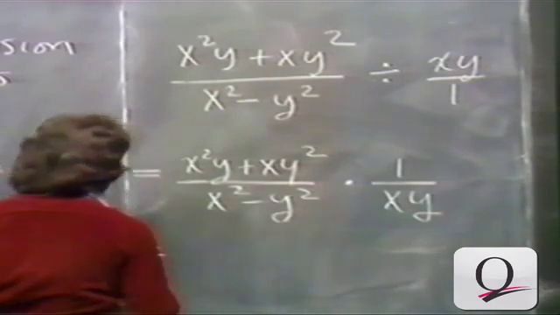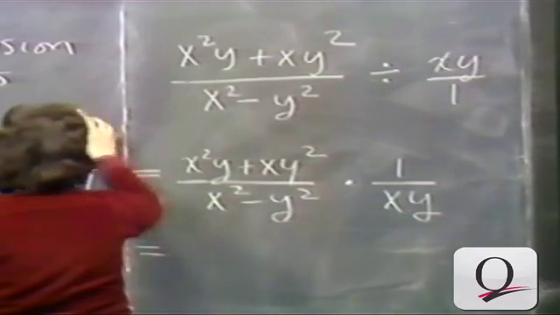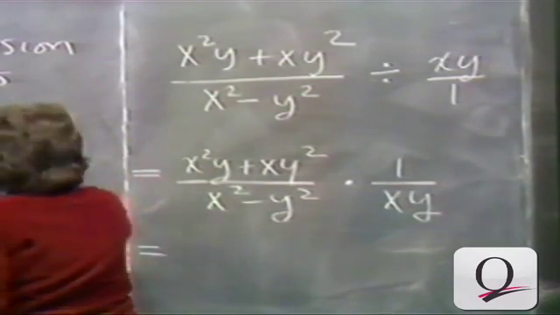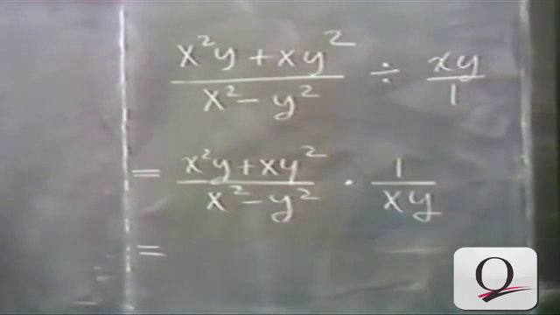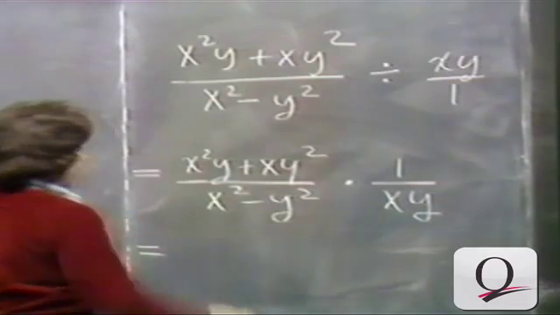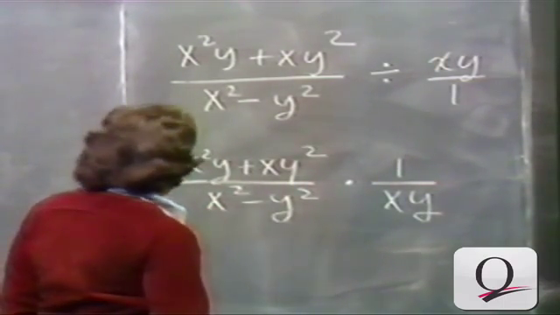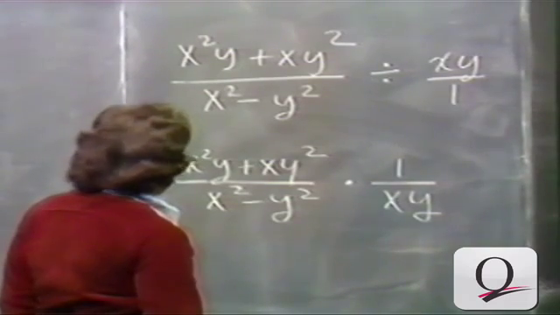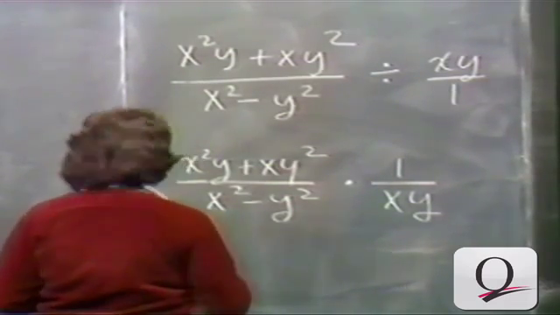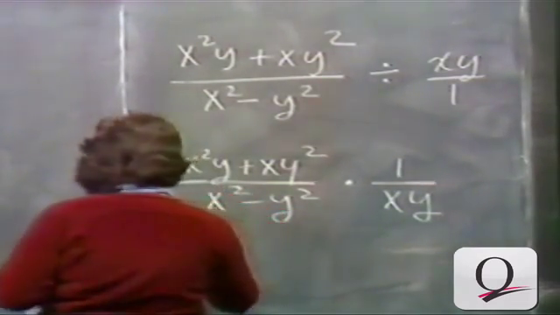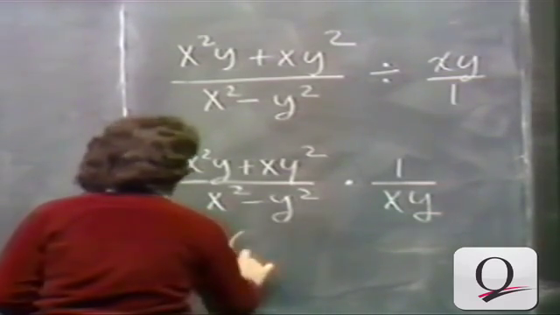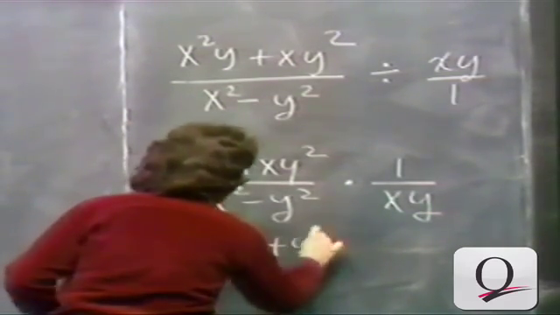And now we will try to factor completely the numerators and the denominators. Okay, now we look at the first numerator here, x squared y plus xy squared, and we see that these two terms have xy in common. If you factor out the xy, you are left with x plus y.